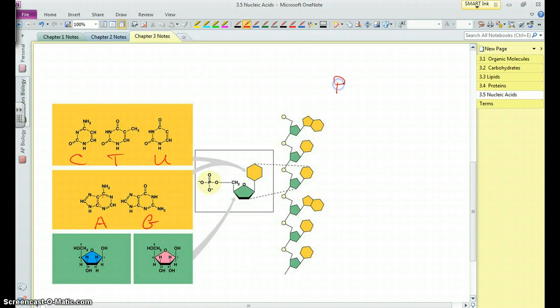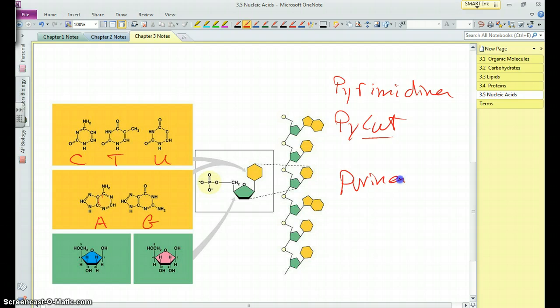The single ring ones are known as the pyrimidines, and I like to remember them as CUT. Pyrimidines are cytosine, uracil, and thymine. These guys are known as the purines, and the purines are adenine and guanine, PAG.